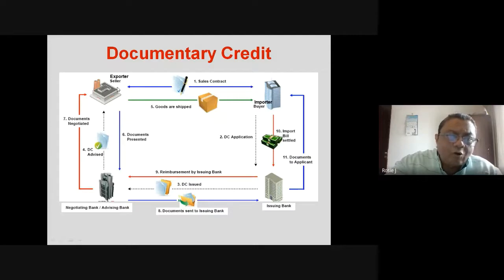What he does normally, with LCs, is submit the documents here, to send the documents to People's Bank.